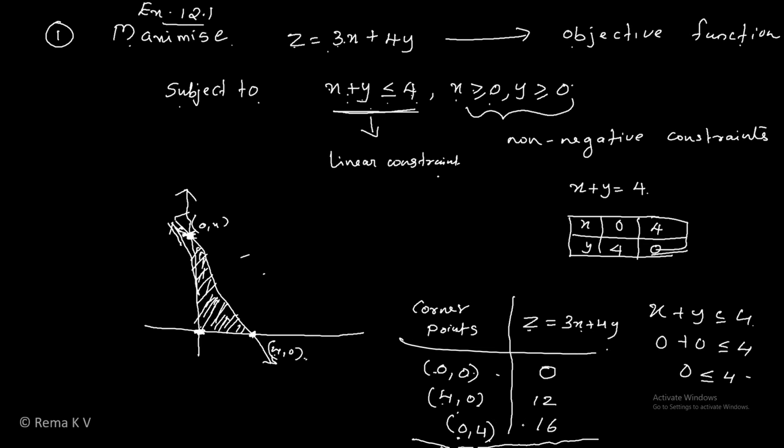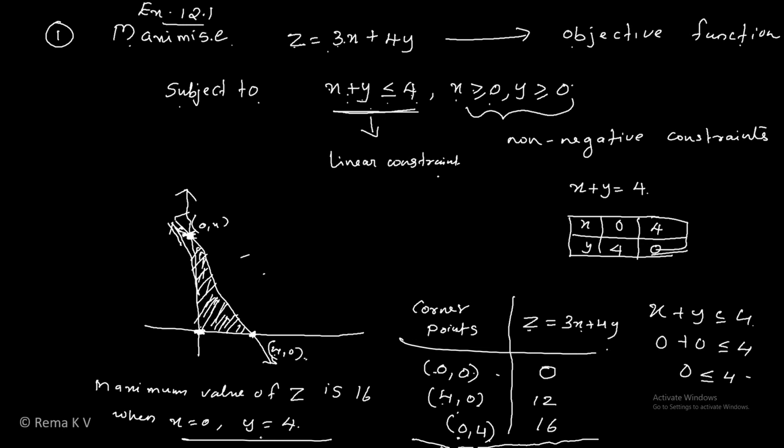It is 16. Our question is maximize z. So the maximum value of z is 16 when x is equal to 0 and y is equal to 4. This is the solution.